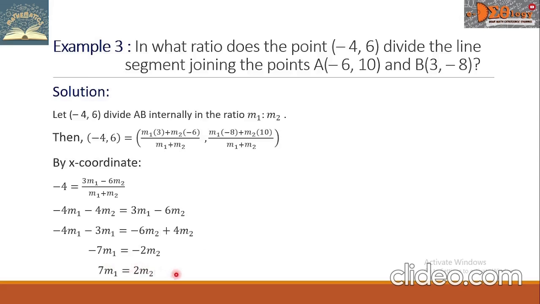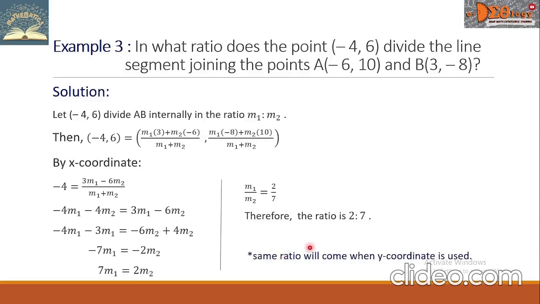We can rewrite this equation as m sub 1 over m sub 2 equals 2 over 7. So we can see that m sub 1 equals 2 and m sub 2 equals 7. Therefore, the ratio is 2 is to 7. This is the answer. Same ratio will come when y coordinate is used.